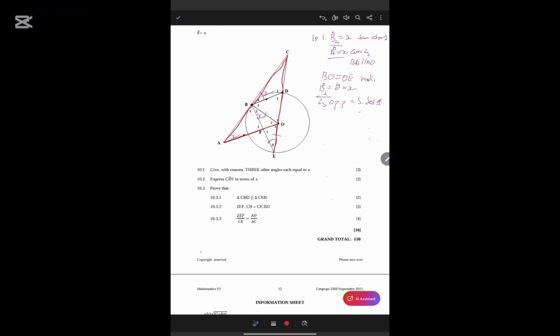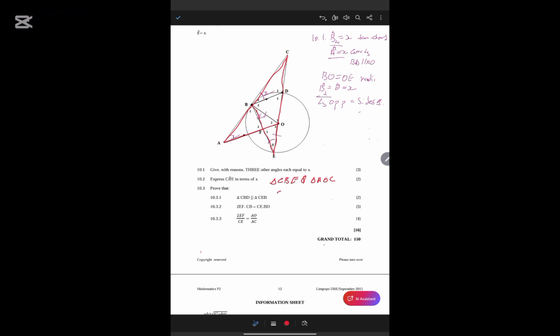Now I said 2EF represents BE. So basically, we are looking at the following triangles. We are looking at triangle CBE and triangle AOC. Now, let us prove if these two triangles are similar.